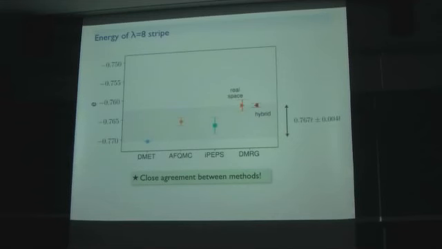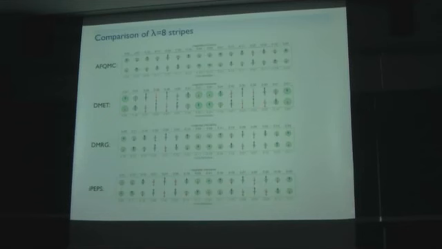So we can also compare orders of all these stripes, and in the end you see the magnitudes vary quite a bit from method to method, but still the qualitative features of the stripes are similar if you compare these different approaches.